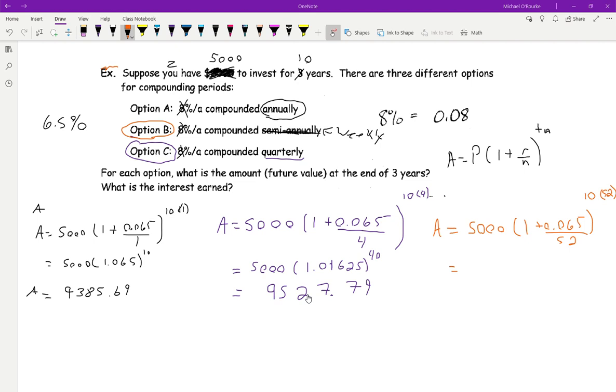So here's how I would type it in my calculator. You guys see my screen, right? I would go 0.065 divided by 52. Press equals. Okay, then add 1 to this number.